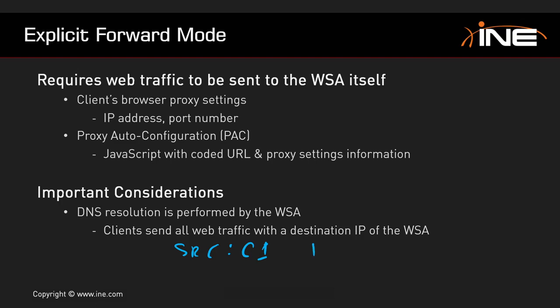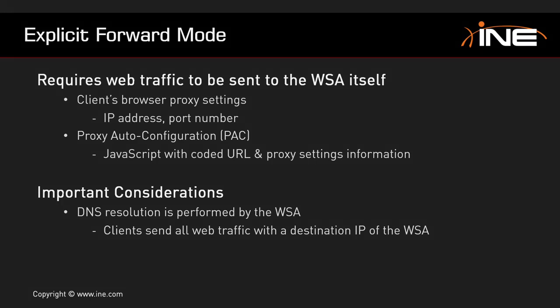And the packet is going to be destined to the WSA. No matter if the packet is sent to Google, or let's say Cisco, or ndtrainings.com, this is how the packet is going to look at layer 3. The source and destination are going to be fixed. We don't need to make any type of name resolution because the goal is to send all packets to the WSA.